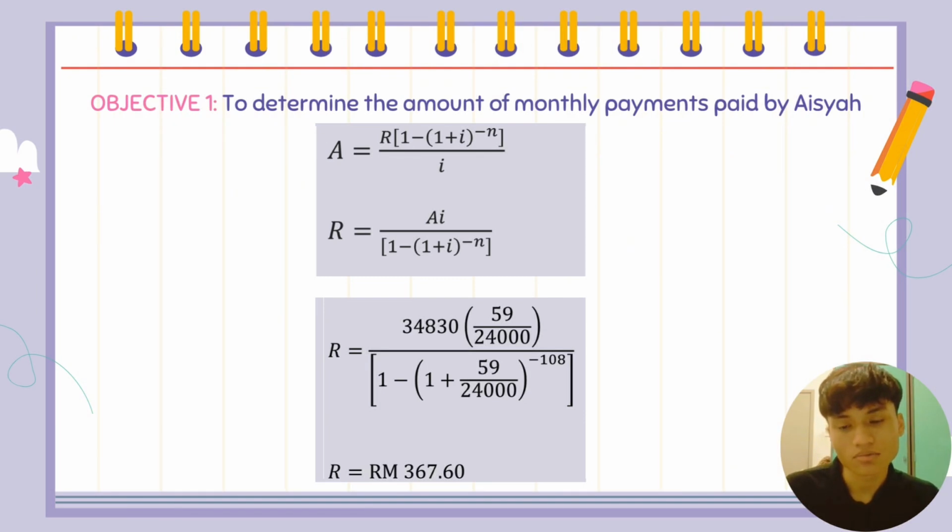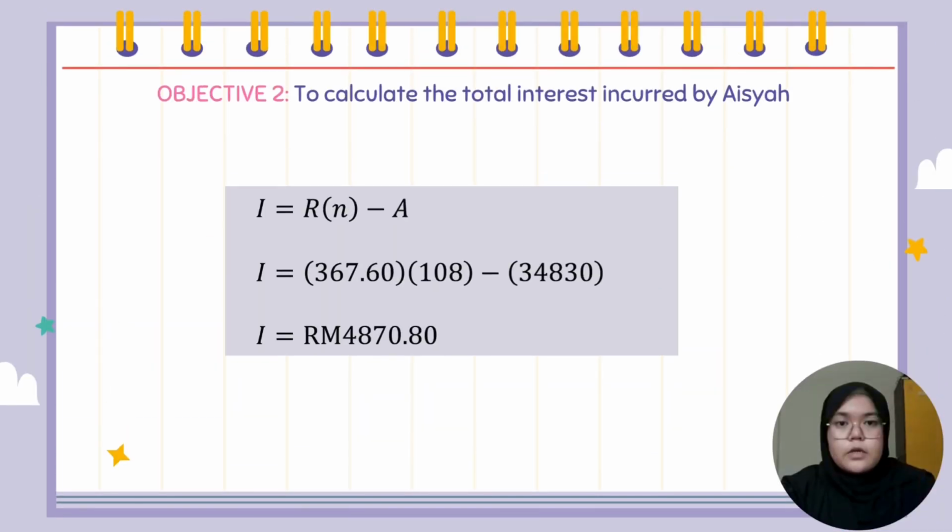Now we have to substitute the information into the formula, which is R equals 34,830 multiplied with 59 over 24,000 over [1 minus (1 plus 59 over 24,000) to the power of negative 108]. R equals RM367.60.